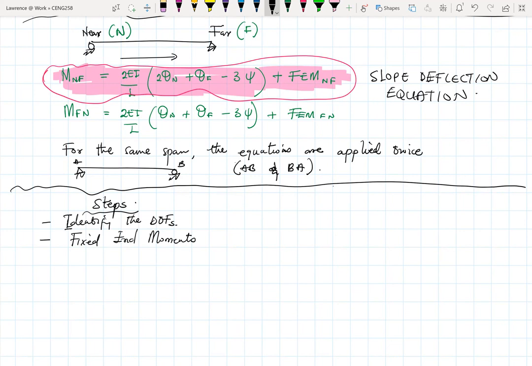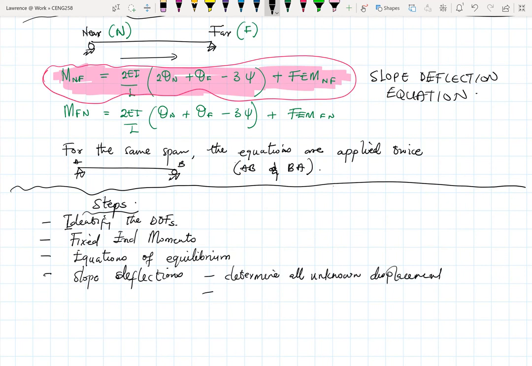If not, I'll put it there before the end of today so that you can always go back and have a look at it. Once you determine the fixed end moments, you also write equations of equilibrium. Then we formulate the slope deflection equations.